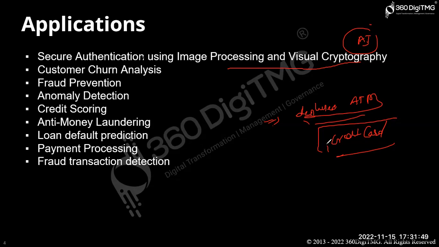Only the owner of that particular credit card can withdraw the money, and others cannot. In that case, we can set up that algorithm. We can create one algorithm like that.